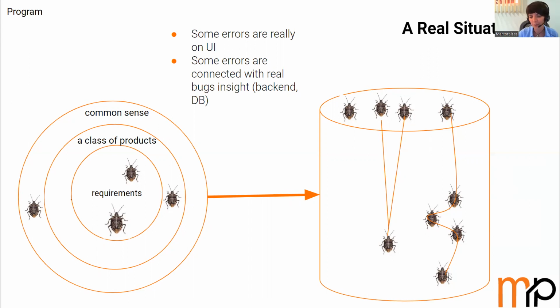And because of all those 4 reasons, we have this result on the user interface. So you see the result, and you, as a tester, should know the reasons of this result. You should be able to find all these angry bugs inside the application.